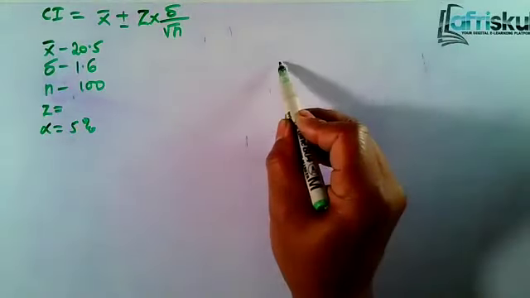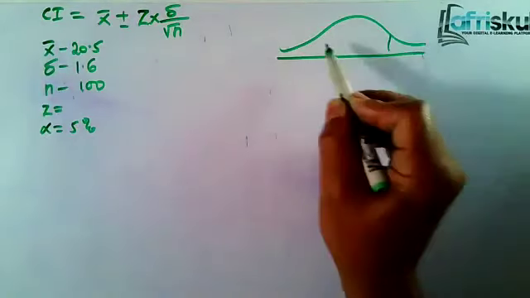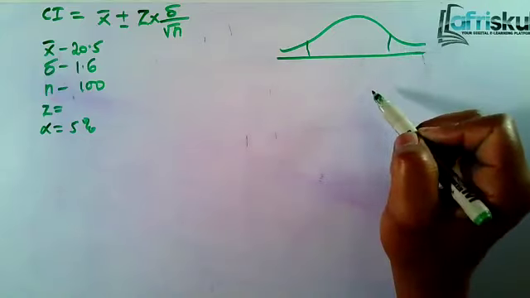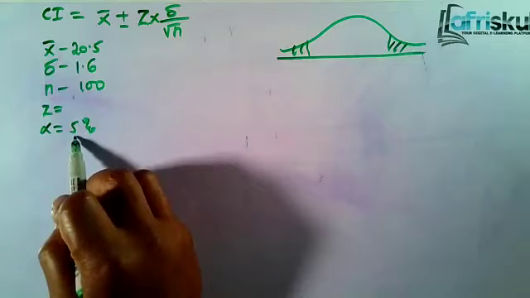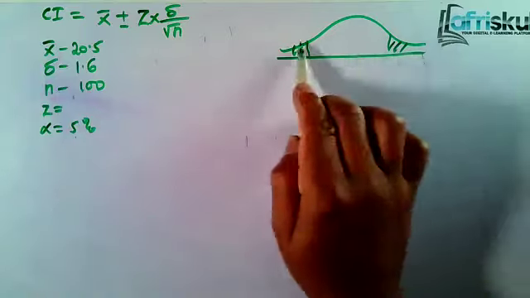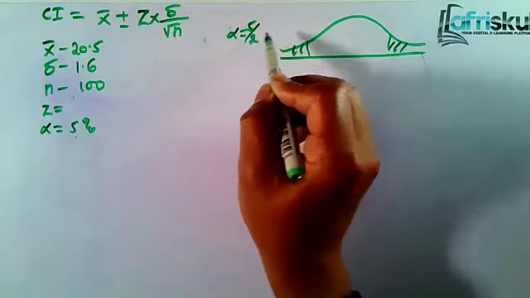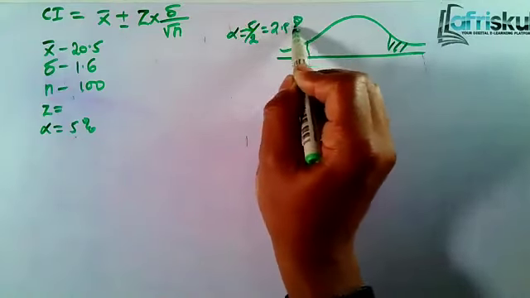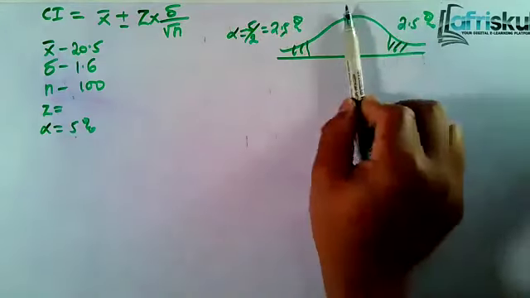Okay, let me illustrate something here. For a confidence interval, you always use a two-tail test. Our significance level is 5%, so if you're using a two-tail test, our alpha here will be 5 divided by 2, so you get 2.5%. Symmetrical. Half, half.